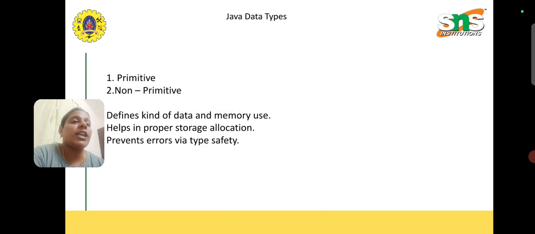There are two types of Java data types, primitive and non-primitive, which define the kind of data and memory use. So what are data types? Data types generally define what kind of data we have and how much memory we need. They are defined by data types and help in proper storage allocation.